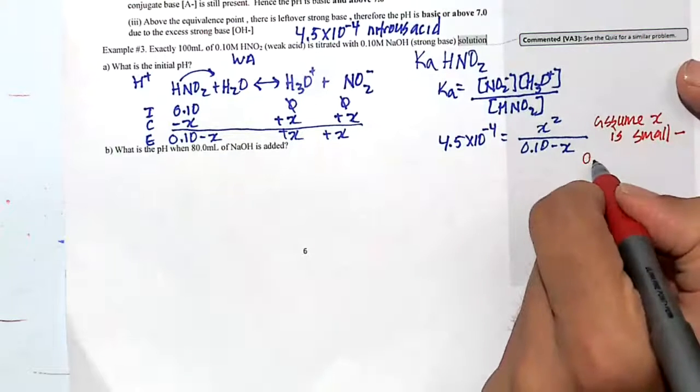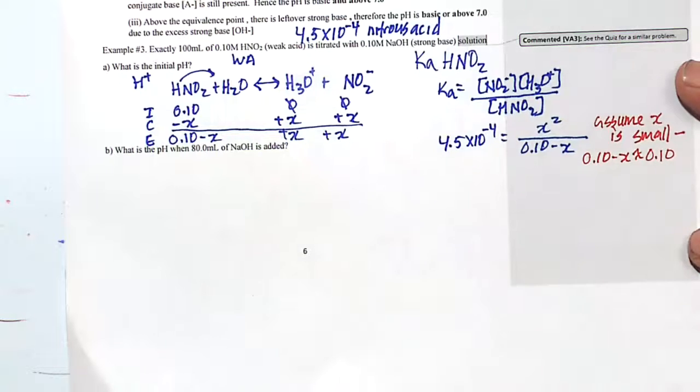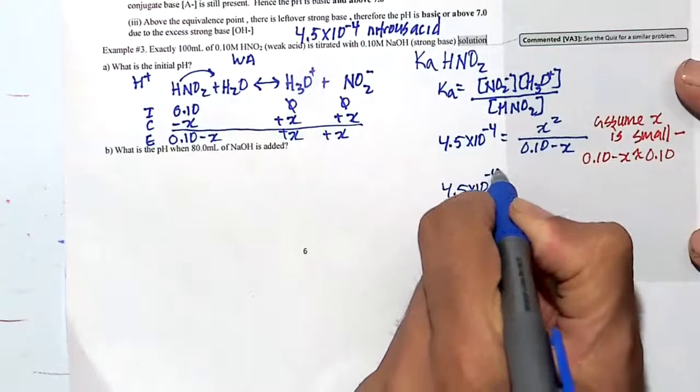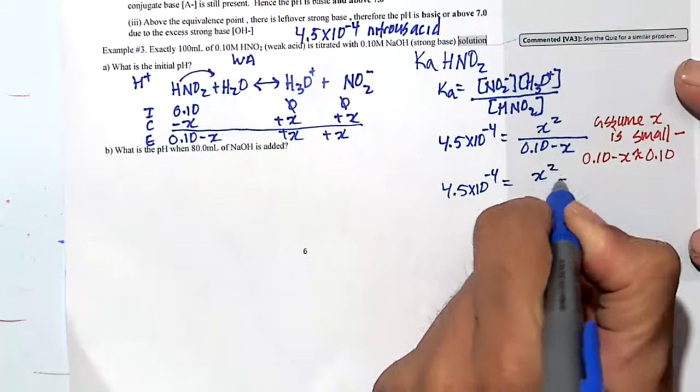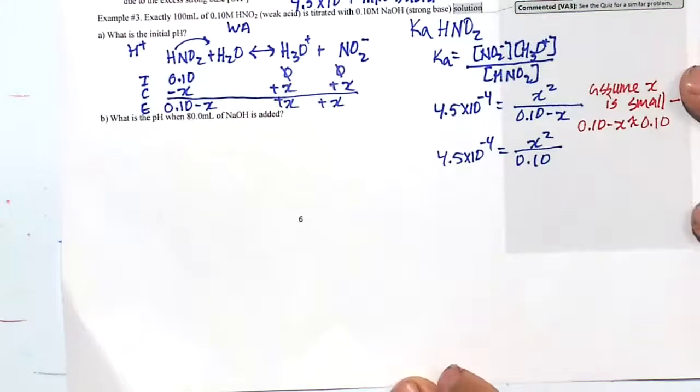So assuming X is small, 0.10 minus X is 0.10. So 4.5 times 10 to the minus 4 equals X squared divided by 0.10. This is the assumption that we're making.